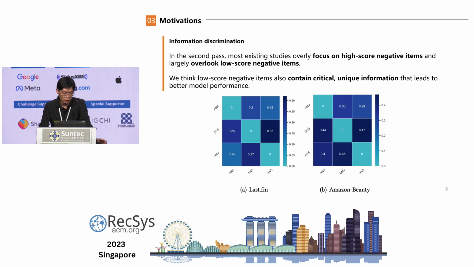You can see in figure A, the RNS row, DNS column. It means RNS has 20% unique information that DNS cannot learn. Recall RNS randomly selects items, which means RNS equals low-score items. These experiments show that low-score items also have unique information.